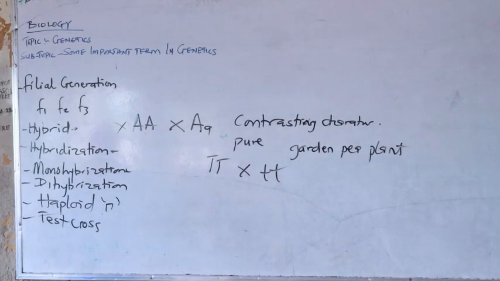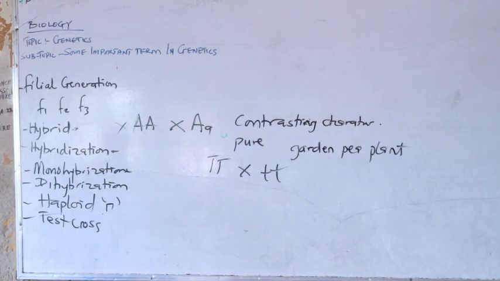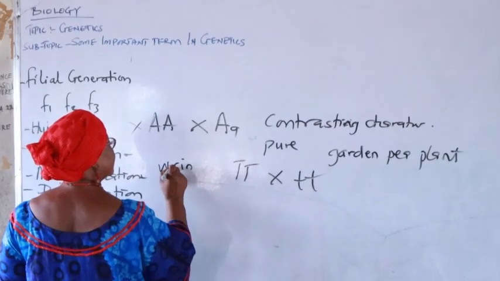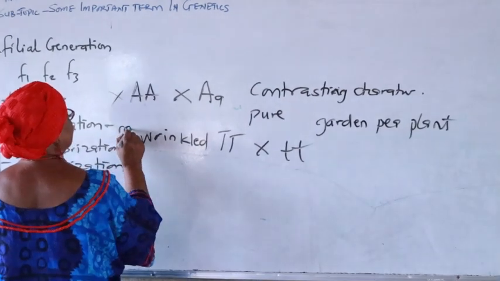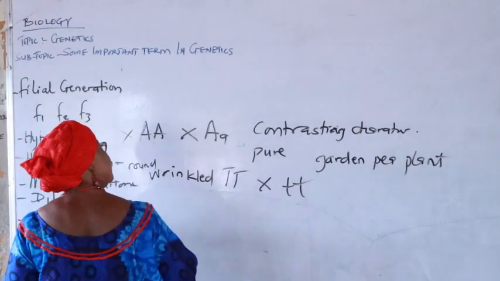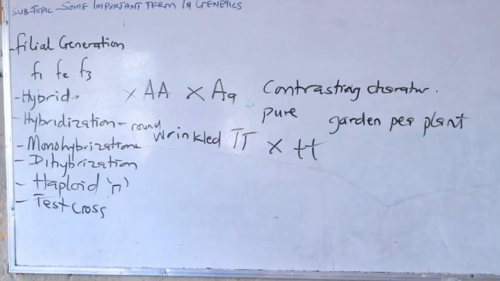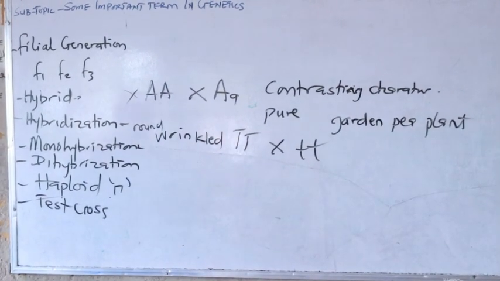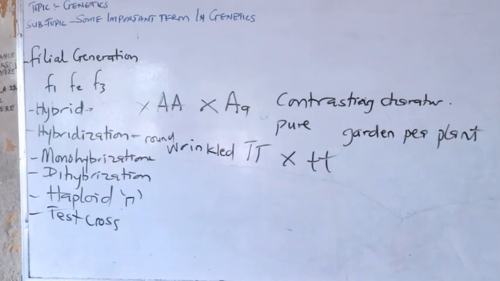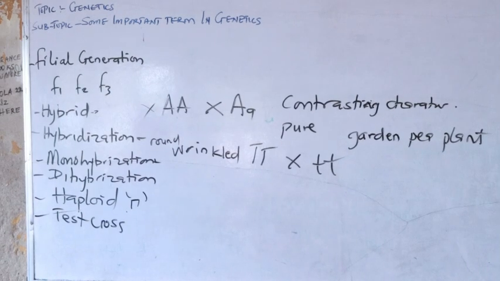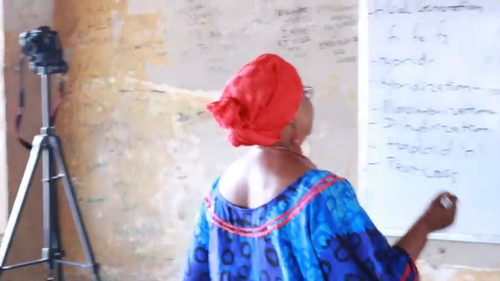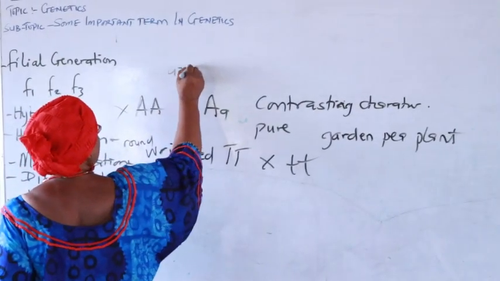First up, his major aim was to find out the pattern of inheritance. Some seeds were round and others were wrinkled. Some seeds are green and others yellow. Some flowers are axial, while others are terminal, T-E-R-M-I-N-A-L.